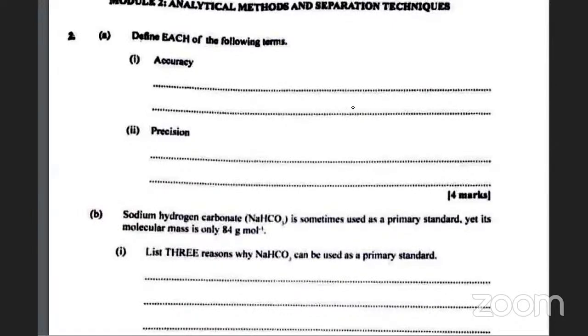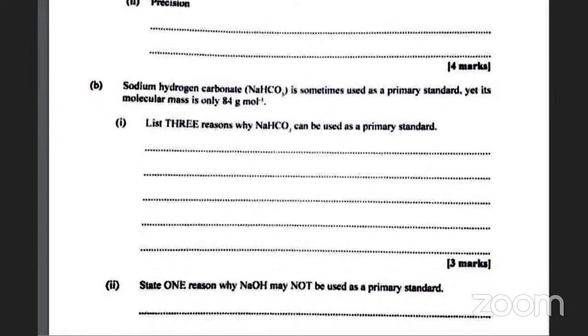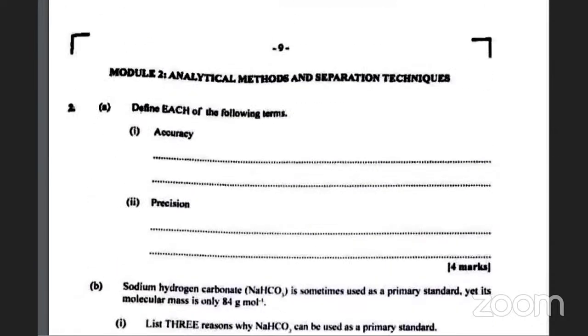In terms of the writing parts: accuracy is how close a measurement is to the true or accepted value. And what is it for precision? Precision is how close the measurements are to each other. That is correct.